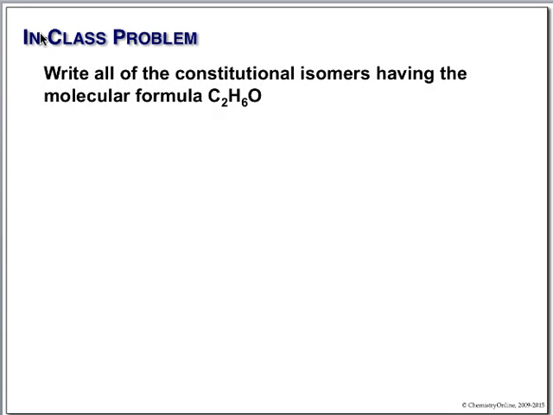We can stick in an oxygen. There are a couple here. C2, so only 2 carbons. They're going to have to be connected to each other because we have the oxygen. Remember we said the oxygen can form an alcohol, an OH, or it can be in between as an ether.